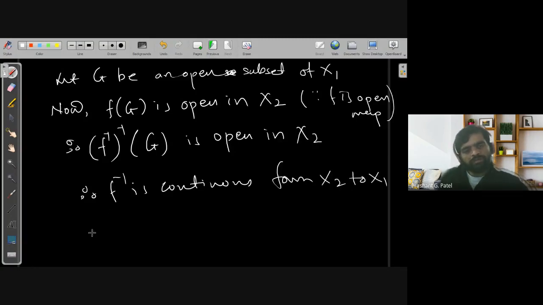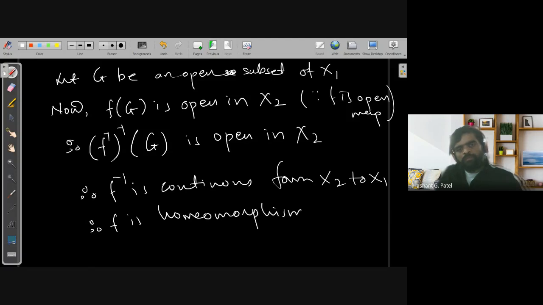Hence f is a homeomorphism, which proves that f is a homeomorphism if and only if it is a continuous open map.